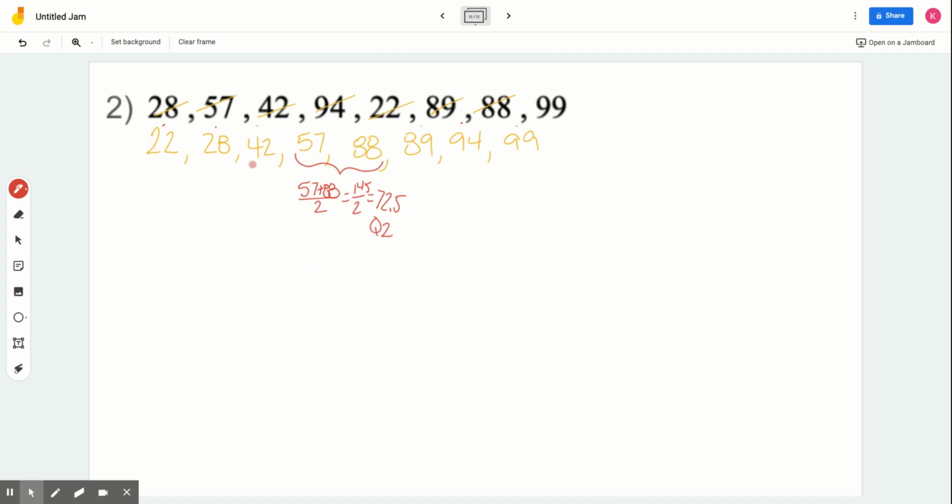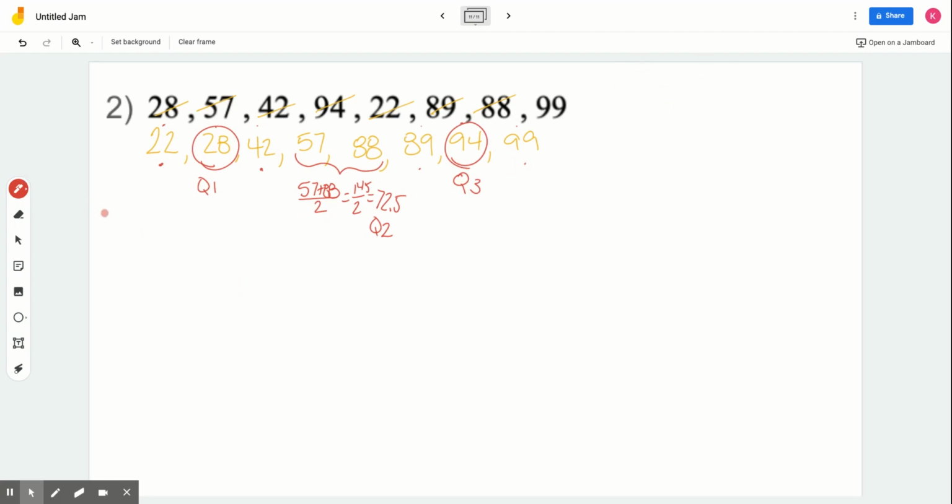Now we need to go back and look at the lower half and the upper half of the data. So again, 1 on each side until you get to the middle is quartile 1. On the upper half, 1 on each side till you get to the middle is quartile 3. So we can list these.